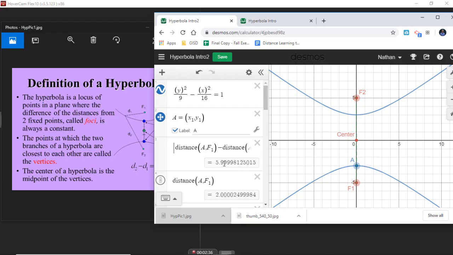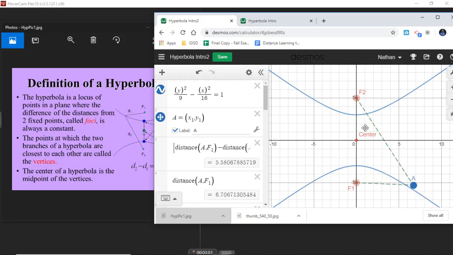Now what we're going to see is that this is the case for every single point along here. It's not going to be perfect, but you can see over here that everything is hovering around 6. It's getting very close in there. It's not perfect because I can move this thing everywhere, but it should always be 6 if it was on that exact hyperbola. You can see that difference remains about 6.